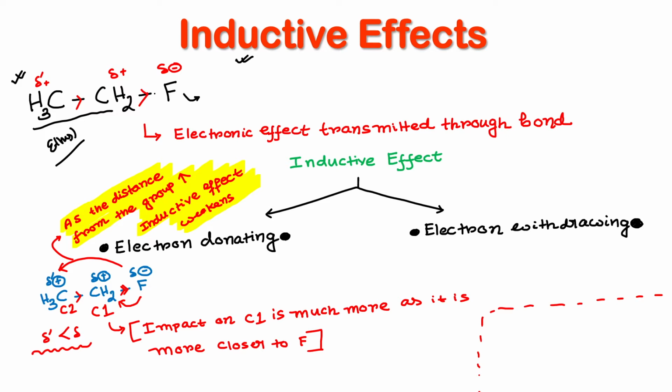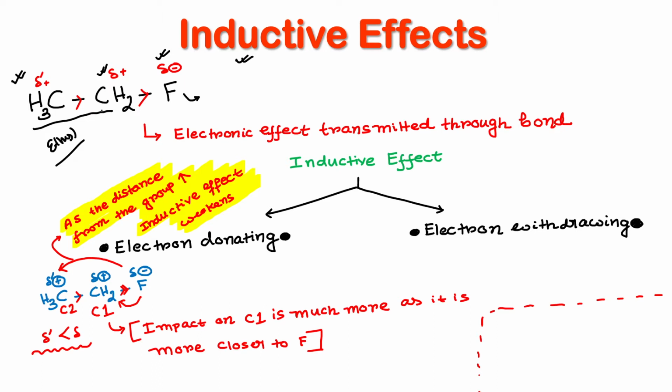But as fluorine is much more electronegative than carbon, it has a very high tendency to draw more electron density towards itself. So that's why a partial negative charge will be formed on the fluorine atom, and as the carbon atom will be partially electron deficient, a partial positive charge will be formed on the carbon atom also.